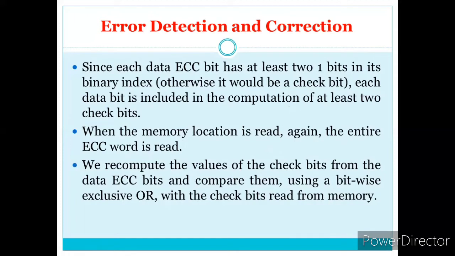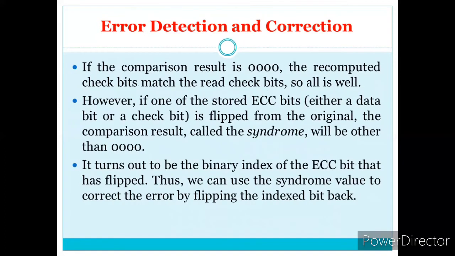Since each data bit has at least two 1 bits in its binary index, each data bit is included in the computation of at least two check bits. So when the memory location is read, the entire ECC word is read again. We recompute the value of the check bits from the data and ECC bits and compare them using a bitwise exclusive OR operation. So exclusive OR is used to identify and correct the error bits.